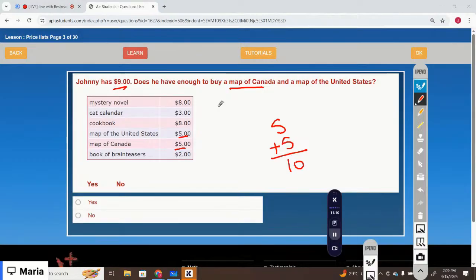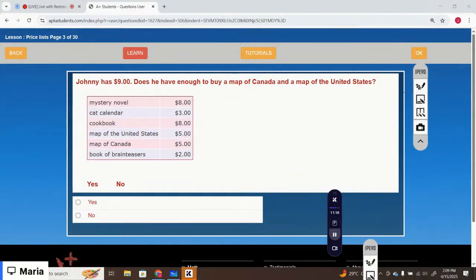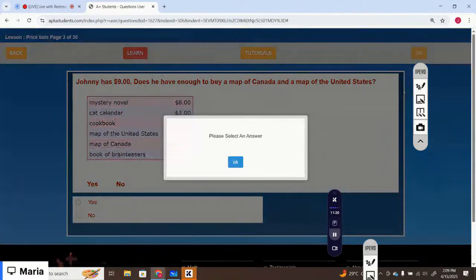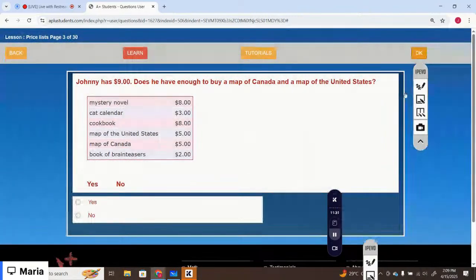So that means no, he doesn't have enough money. The correct option is no, he cannot buy the map of Canada and map of United States because he does not have enough money.